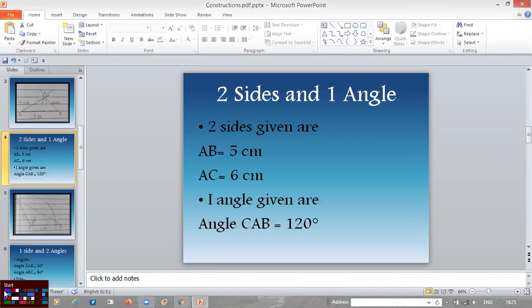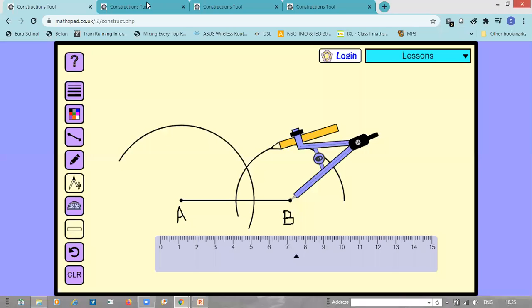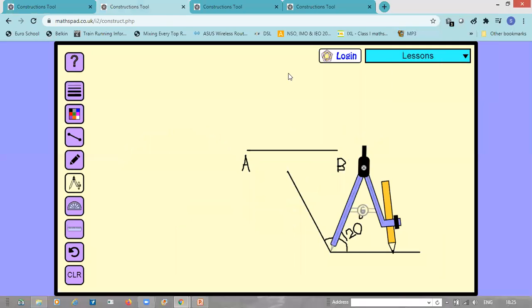Now let's see how to make the triangle. First, as you can see, I have made a line. Now this line can be of any of the lengths you are given. And remember, this is the base of your triangle.